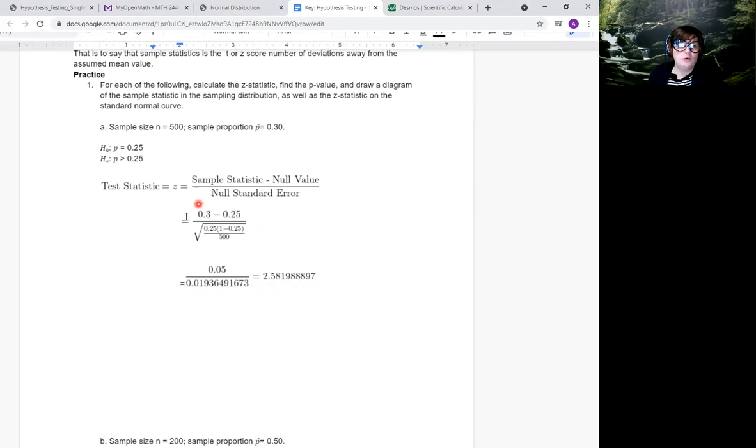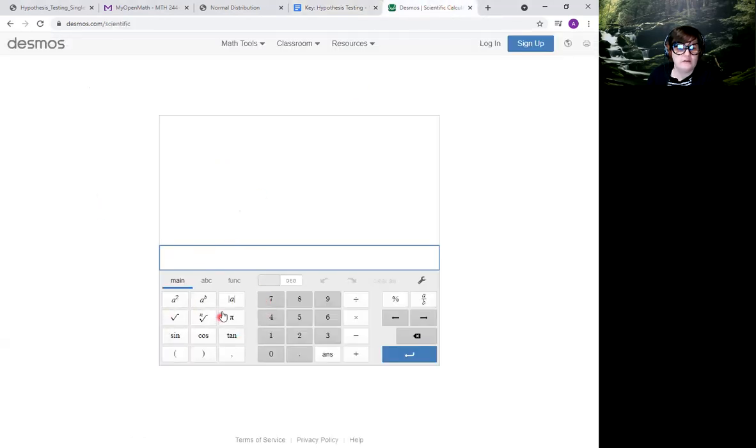So when you are plugging this into your calculator, and let me just show you, if you are calculating the Z by hand, I like to use Desmos. So the standard error is the square root, and then I will put in the null value and then do a divided by, because this turns out the nicest.